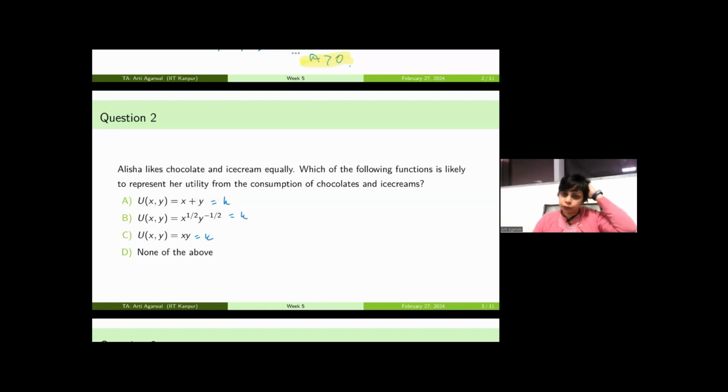Others? No other answers? We just drew the curves, right? We just drew the indifference curves. So which equation represents that? I think people are finding a little bit of difficulty in this part, indifference curves and utility functions.